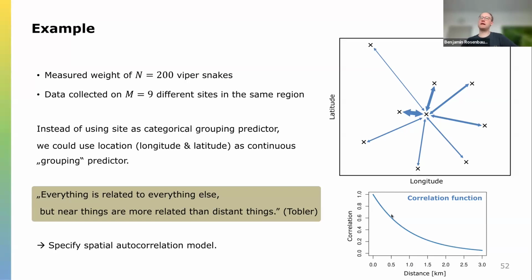And the correlation itself can be modeled as a function of distance. So here we have two predictors, longitude and latitude, but differences between sites can be just modeled as distance, the Euclidean distance, for instance, and the lower the distance, the higher the correlation. And if they are far apart, we do not assume that there's any correlation, so close to zero.